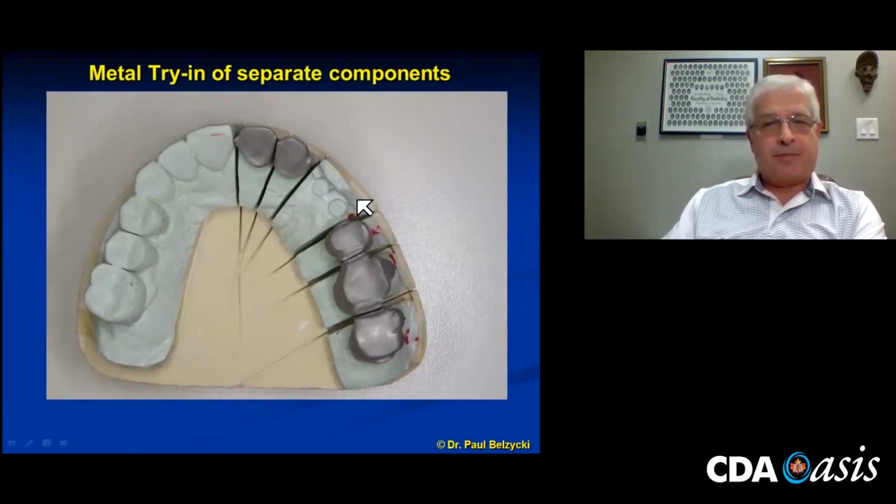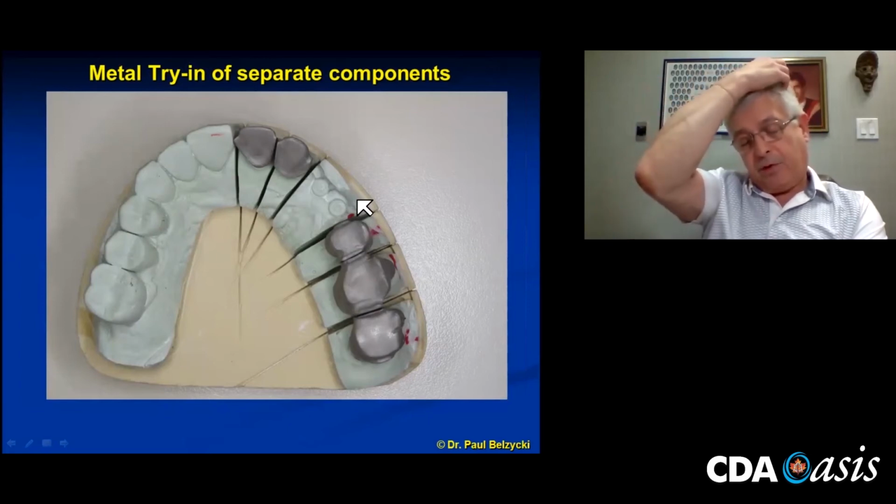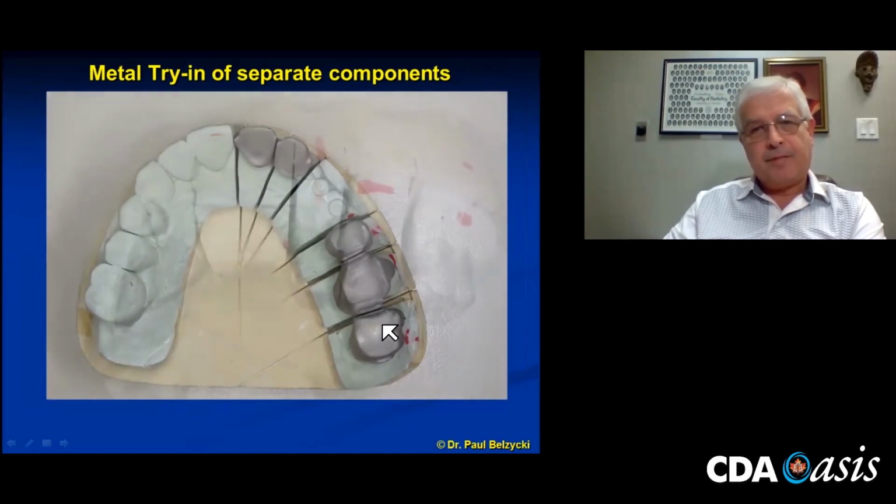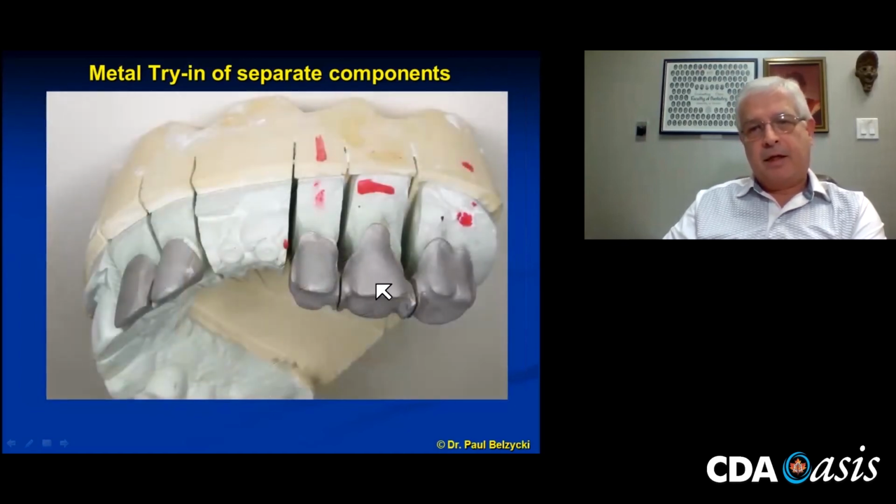Took an impression. I thought it would be a good idea to get started on the metal frameworks on the teeth first. So I got an impression of the teeth, and I had the copings come back in separate units.